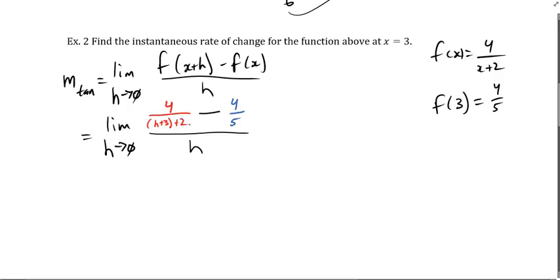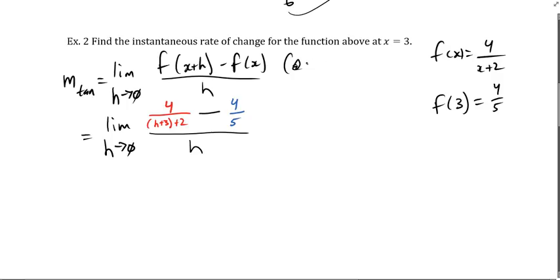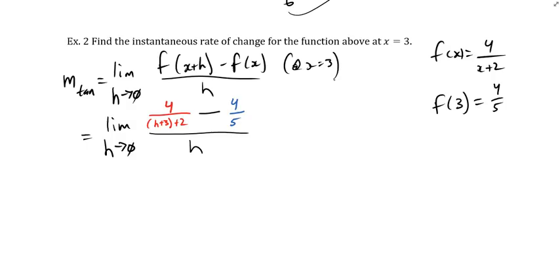So the red part is my f at x plus h. This is where x equals 3, right? That's what we're finding. So I put 3 in for x, and x plus h, or h plus x, sub that into that original function.